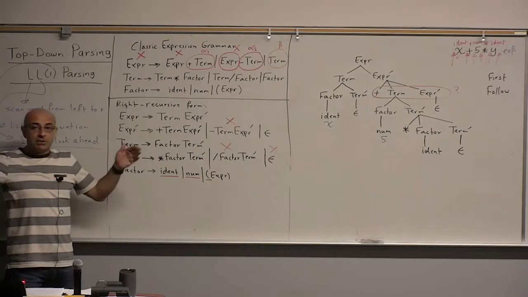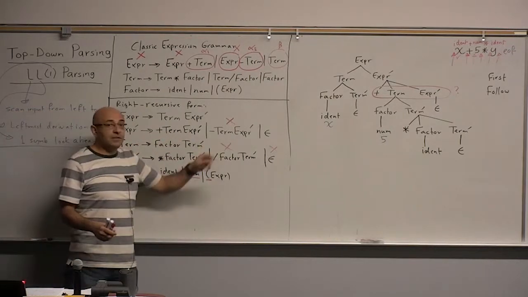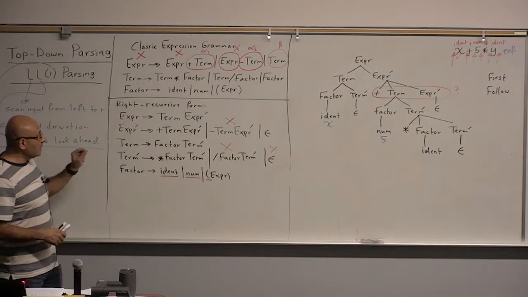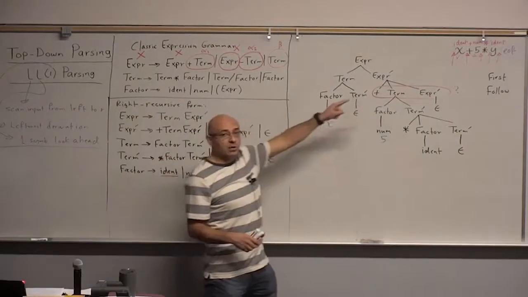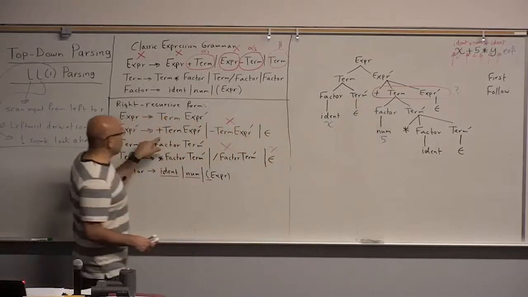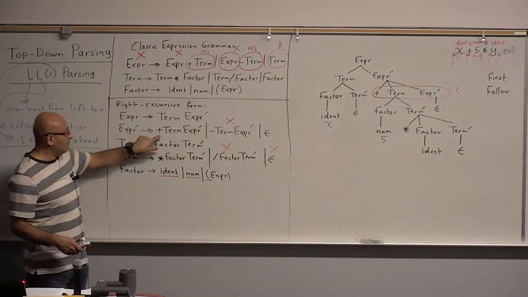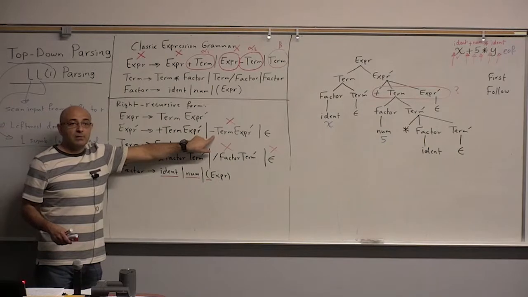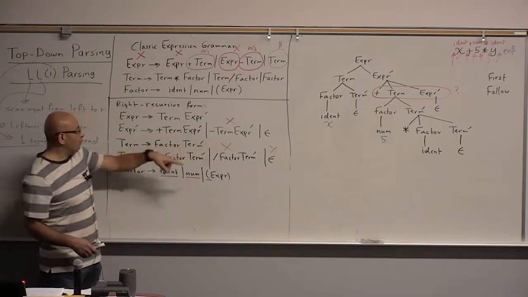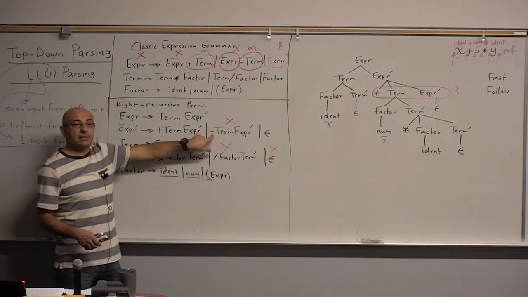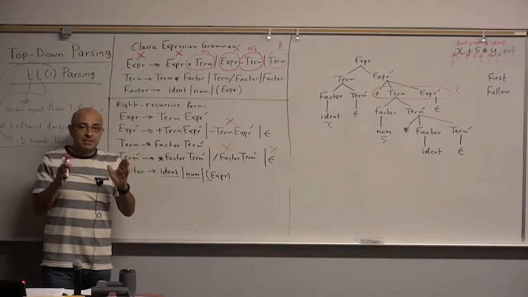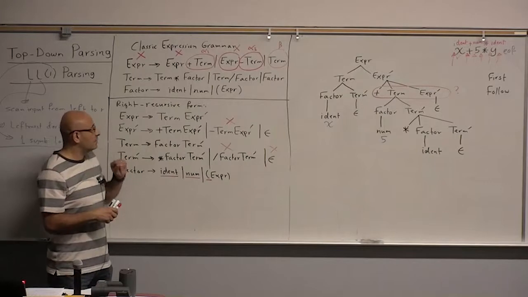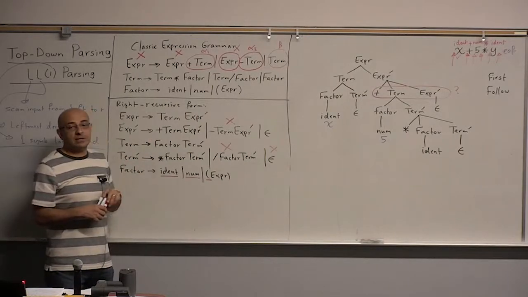We have these alternatives, and we look at the first of each one of them, and we're trying to match the first with the lookahead symbol. If there is an overlap in the first symbols, we know that this is not going to work. If we had a plus here and another plus here, two alternatives that have the same first symbol, then we know that this is not going to work.